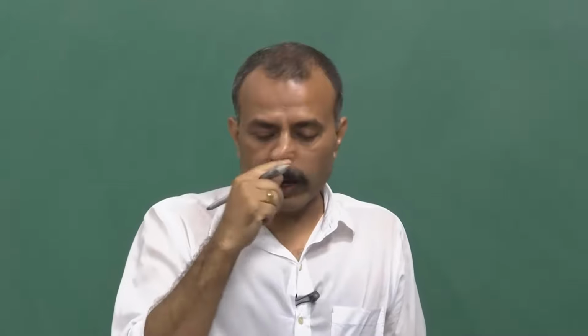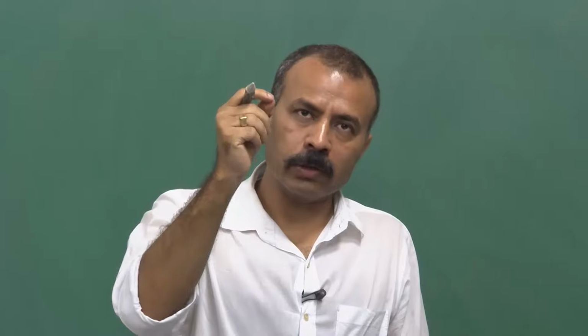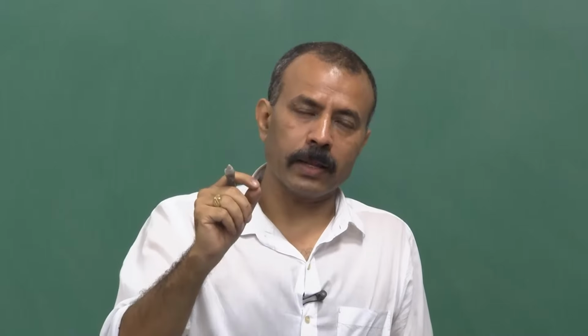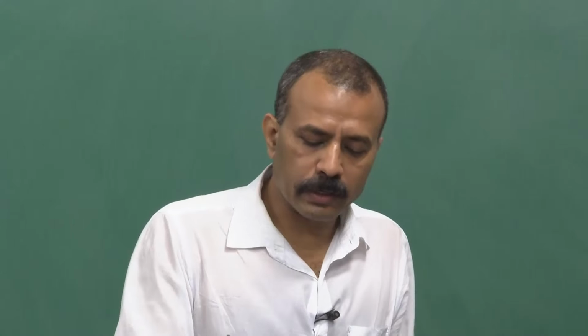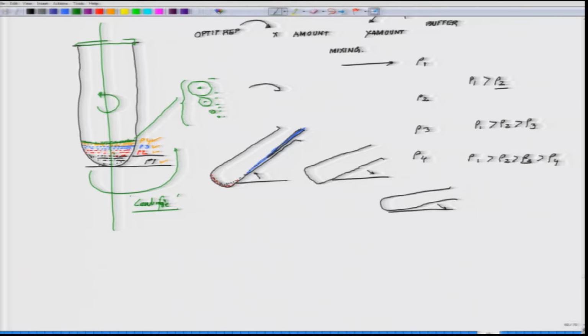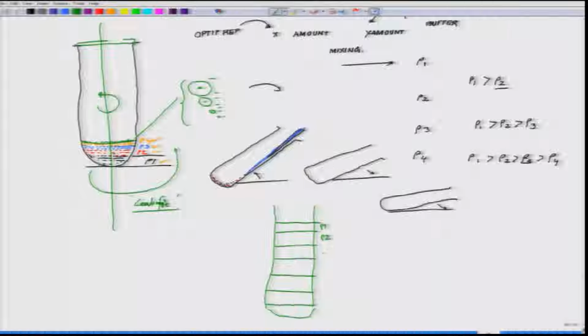Once you spin it, what will happen? Depending on the density of the cell, they will settle down at different density zones. In other words, if I have a density column like this of, say, D1, D2, D3, D4, D5, D6, D7, I am not following that pattern, this is just for your understanding.